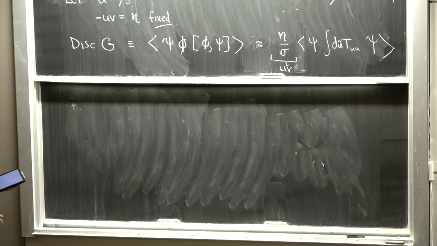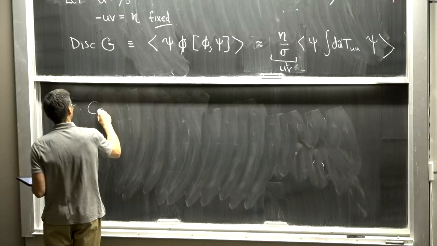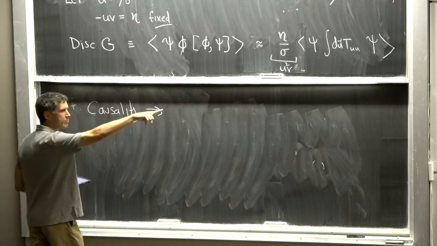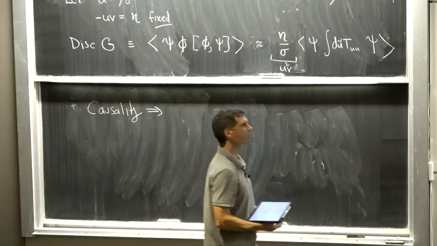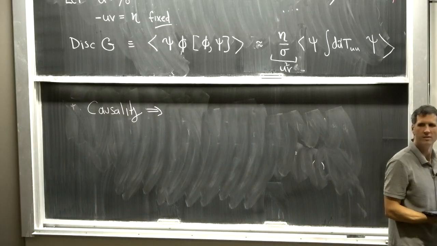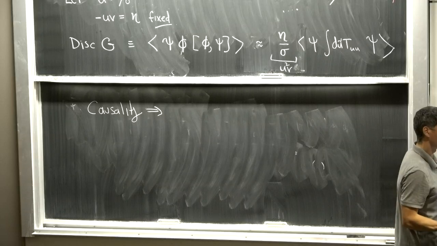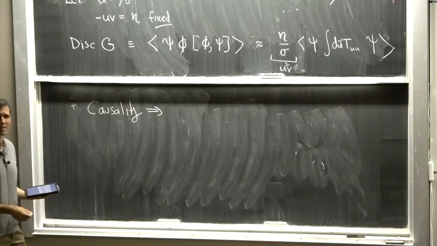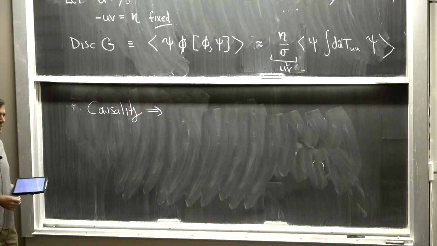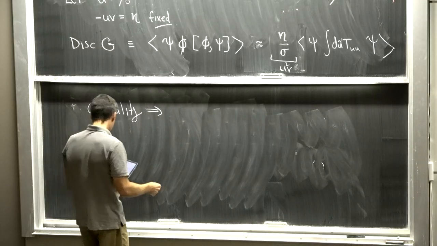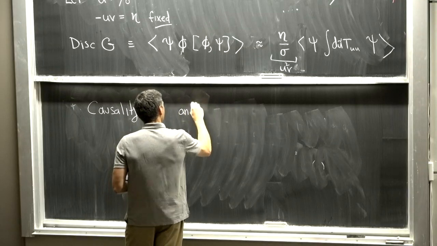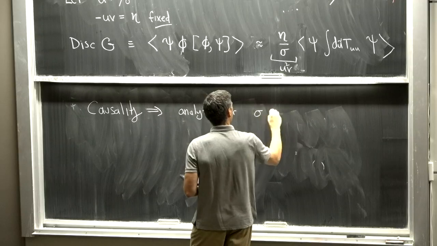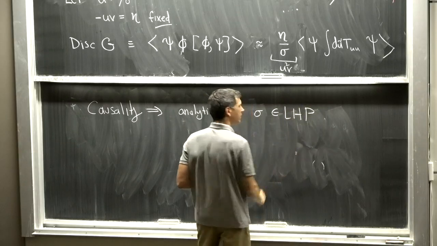Okay, so now, causality. Look back at the review board. What does causality mean here? Causality means that this correlator is analytic in the appropriate domain. And I'm not going to go through all the coordinate changes and i epsilons, but if you sit down and think about this for 5 minutes, this tells you that this is analytic for sigma in the lower half complex plane.